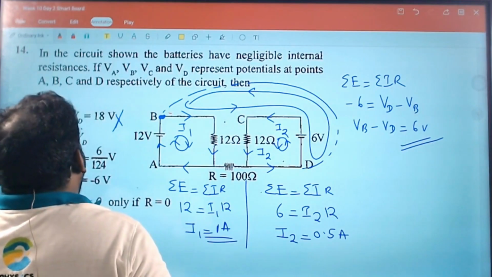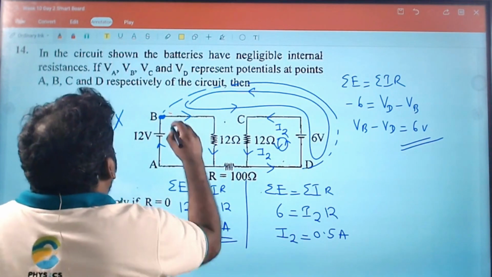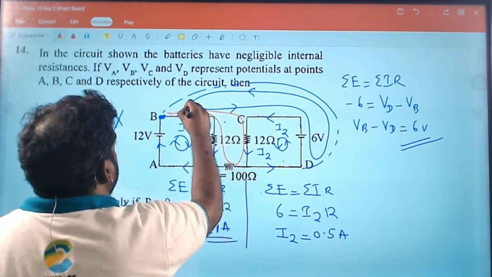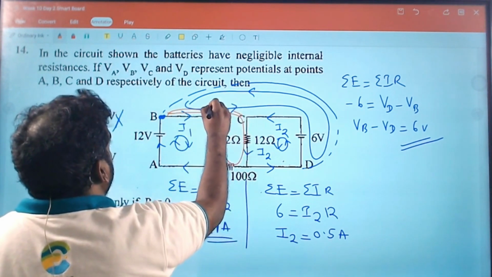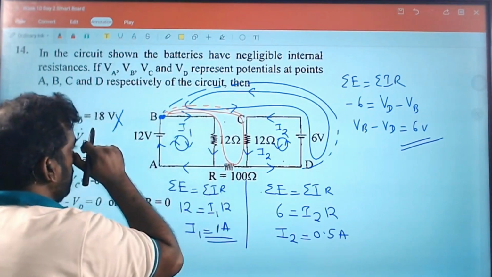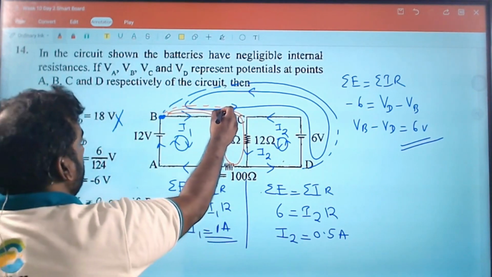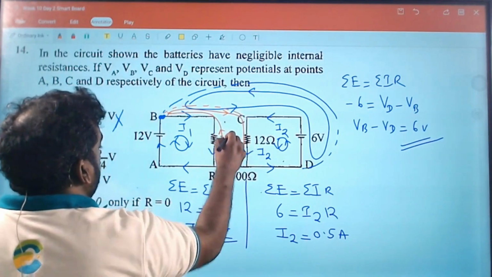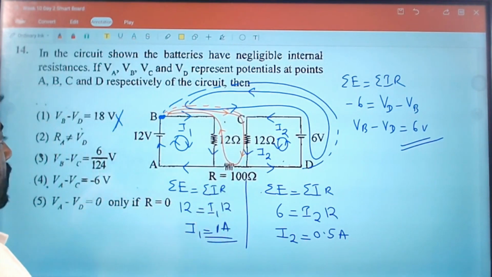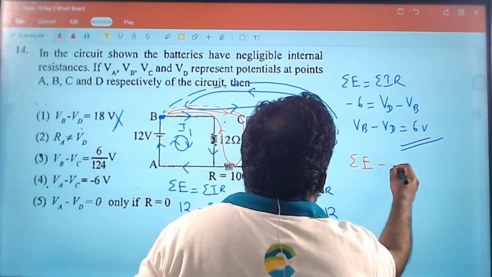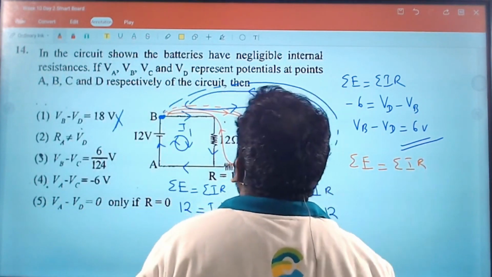B and C. If you apply here, sum of EMF equals sum of potential differences.